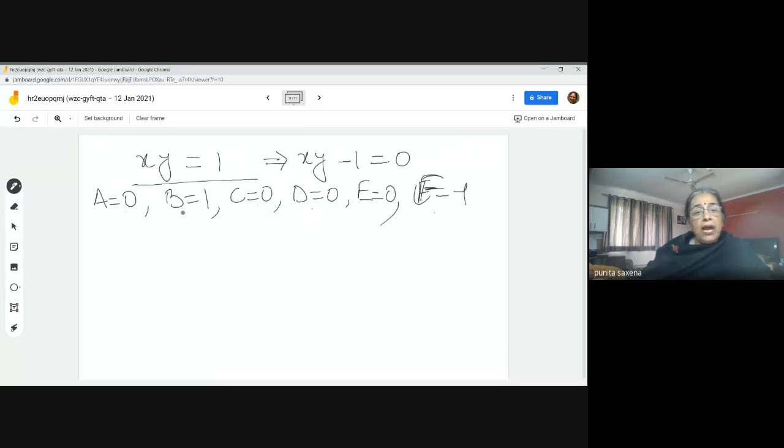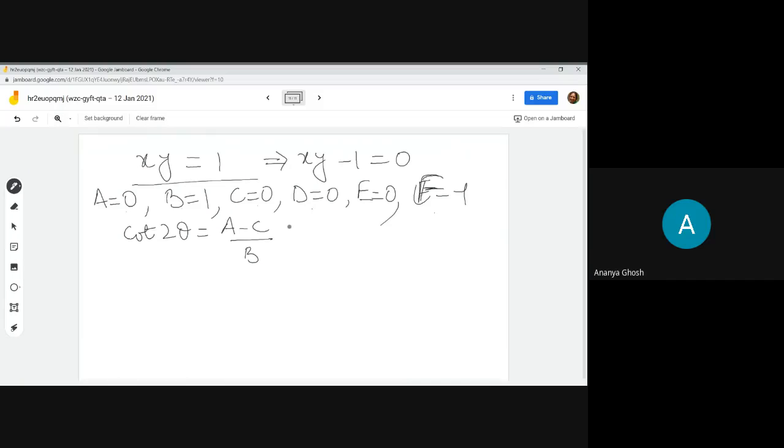Now, you have these values. So what will be cot 2 theta? What is that equal to? A minus C upon B? 0.